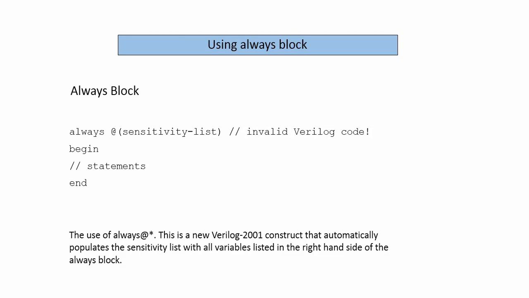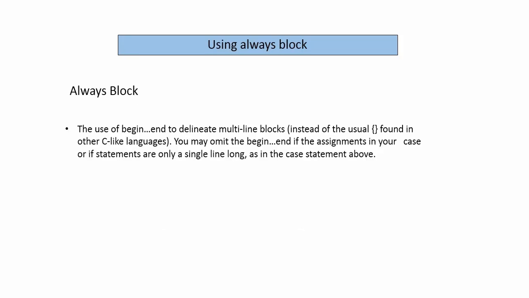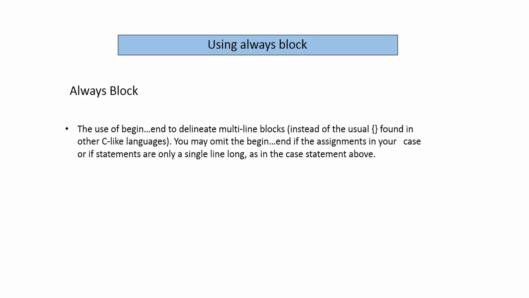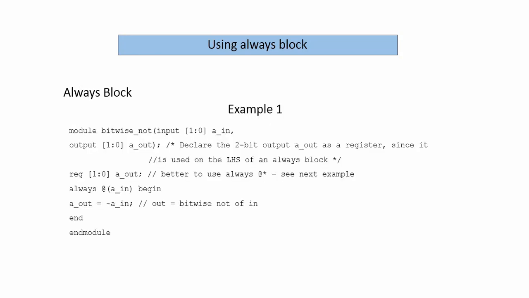After always we have begin and end statements. Between begin and end of always we write different sequential statements like if and case. So we have the basic logic of always. We can also use a curly bracket instead of a small bracket. We can see one example of always block.